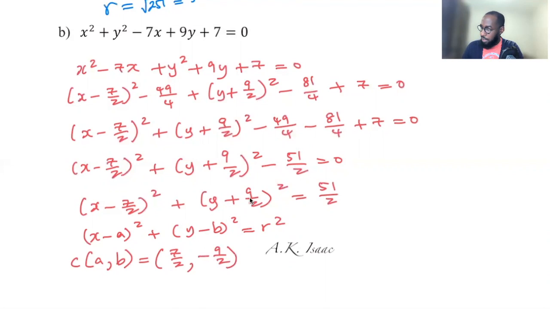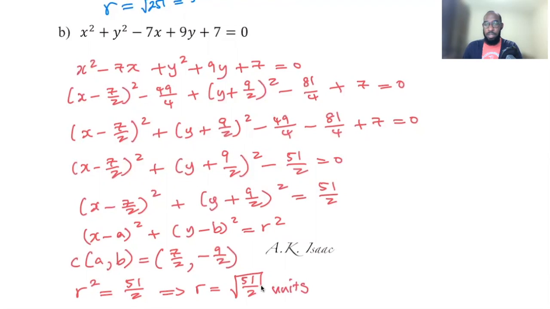And if I continue, r squared is equal to 51 divided by 2, which would mean r is equal to the square root of 51 over 2.